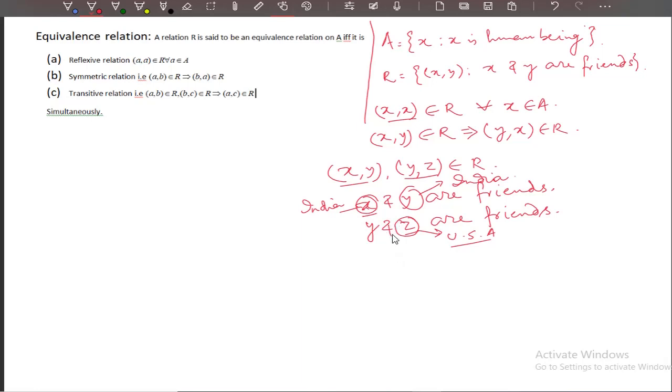Not necessarily. So this relation is not transitive. This is reflexive. This is symmetric, but this is not transitive. So friendship is not an equivalence relation. This is very important.